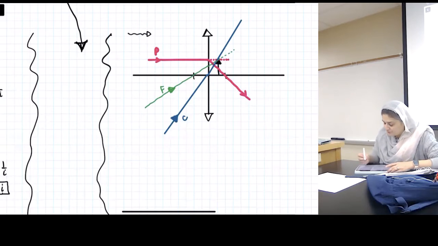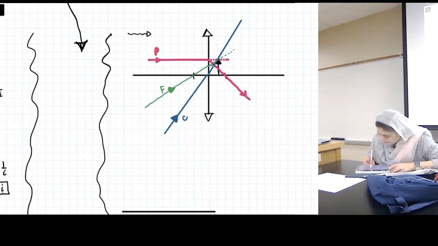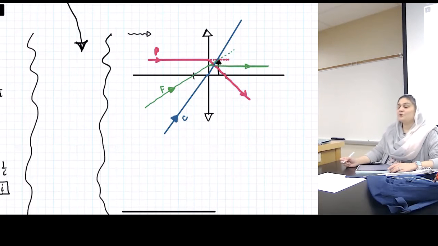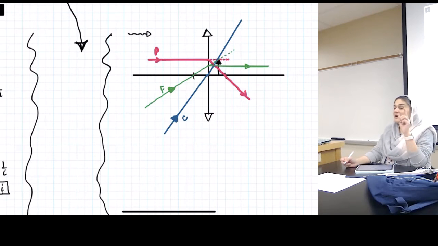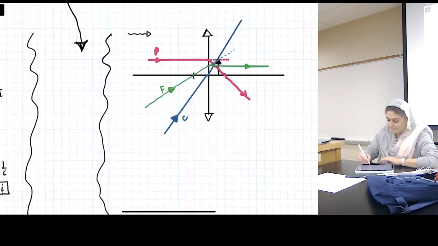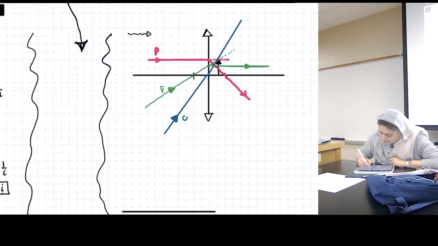And then what will it do after it hits it? It has to go parallel, correct? Now, where do all three meet? Right back here, somewhere here, right?